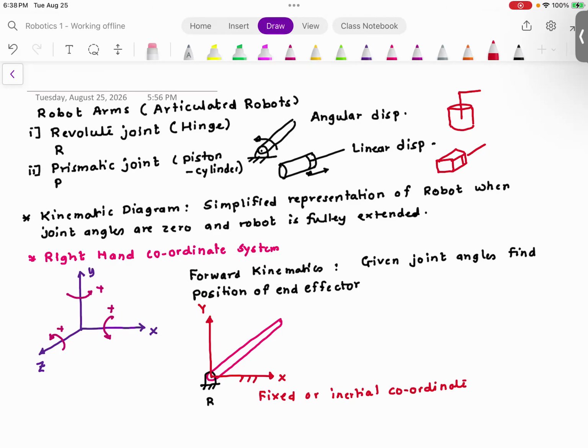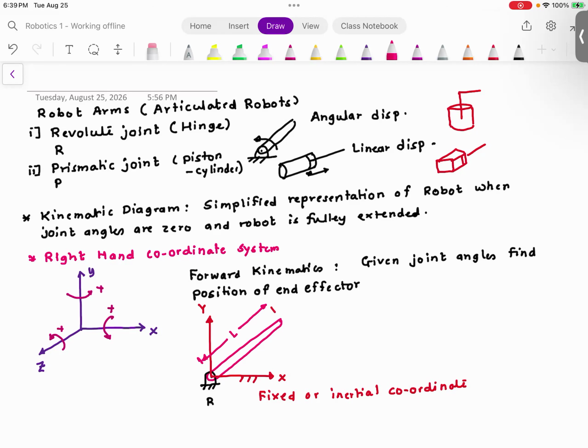And you have this link. The length of this link is L. Now, please understand, this is the right-hand coordinate system. You are going to have X, you are going to have Y, and Z is coming towards the board.